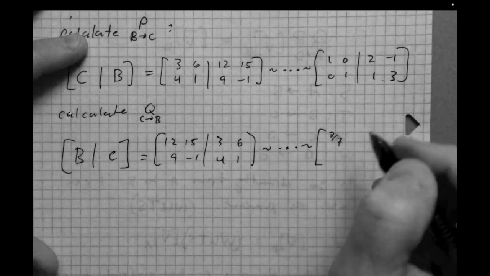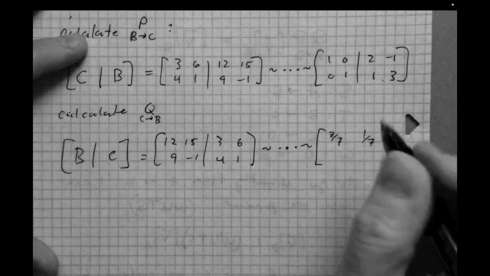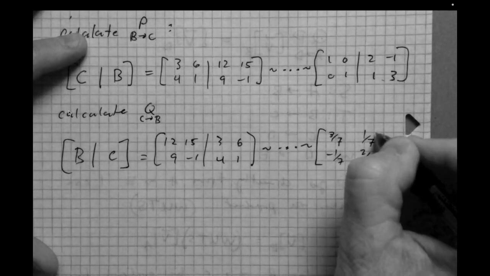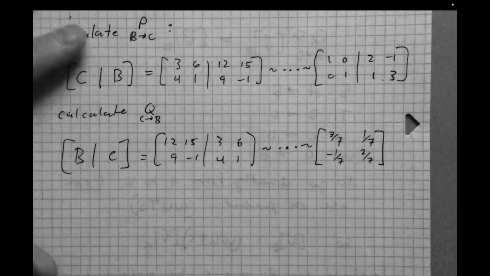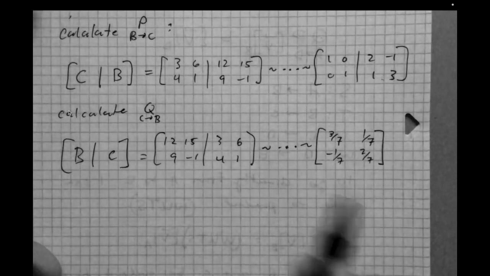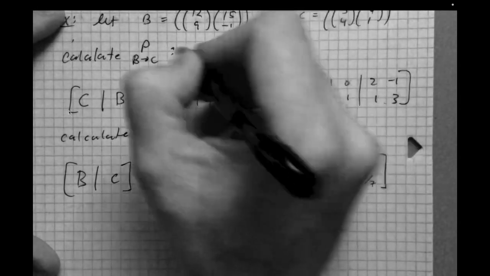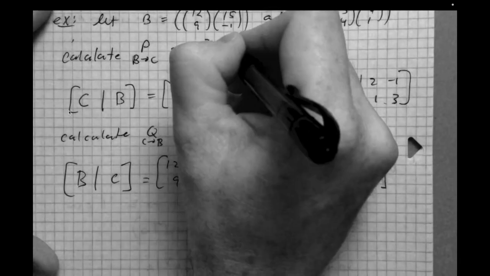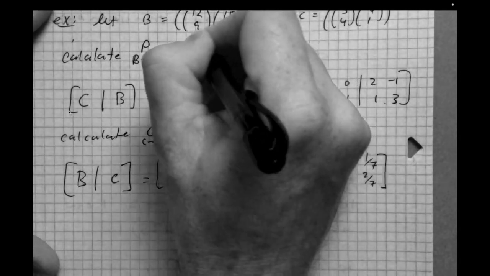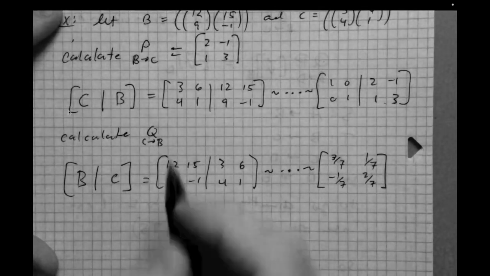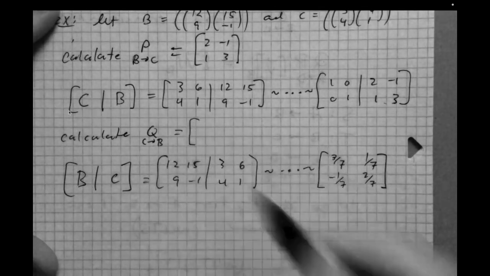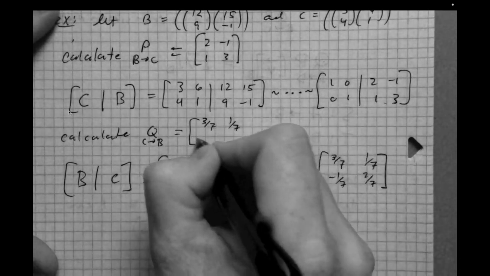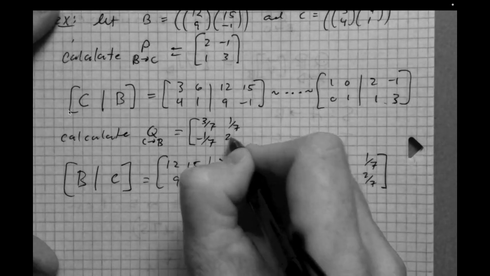We get 3 sevenths, 1 seventh, -1 seventh, and 2 sevenths. Let me double check, and put the actual numbers here. So 2, -1, 1, 3, that's the transition matrix P. And Q, now we've calculated, is this other thing, 3 sevenths, 1 seventh, -1 seventh, and 2 sevenths.